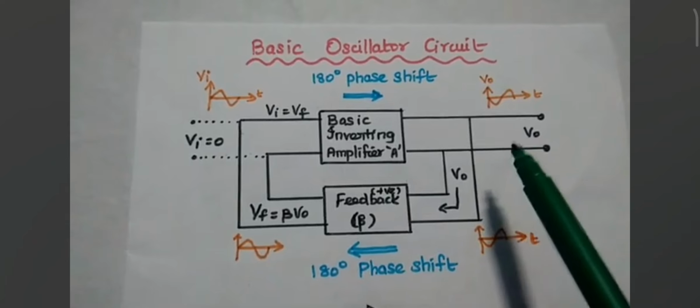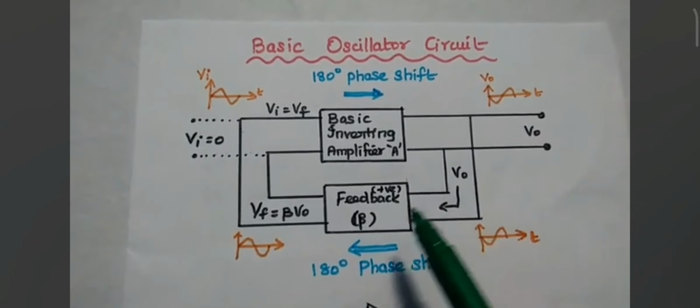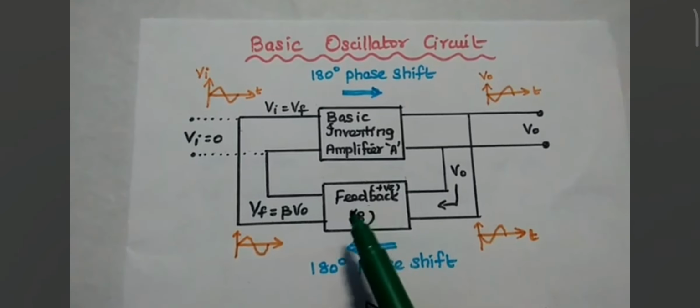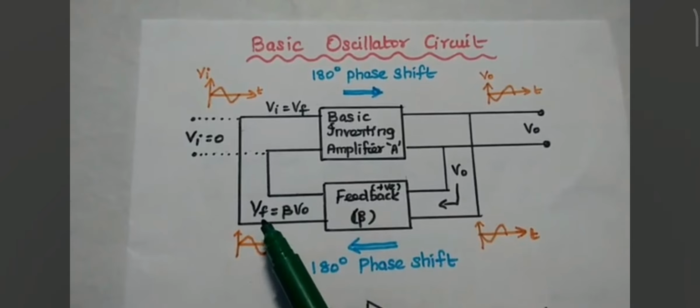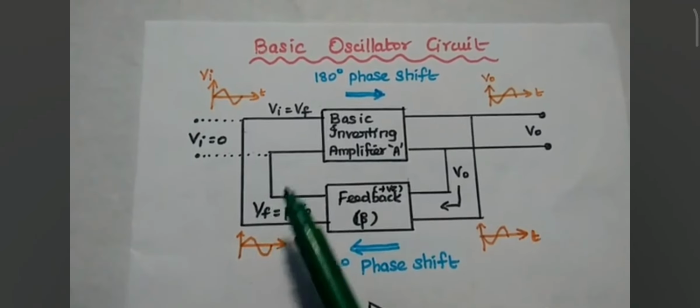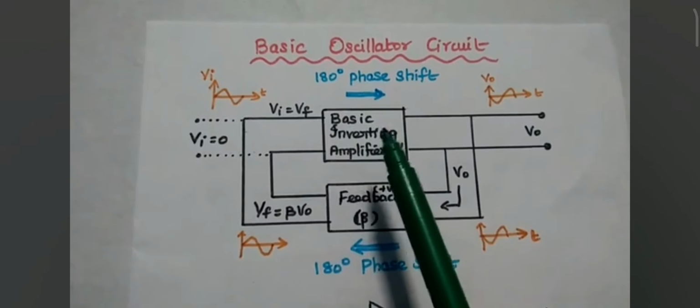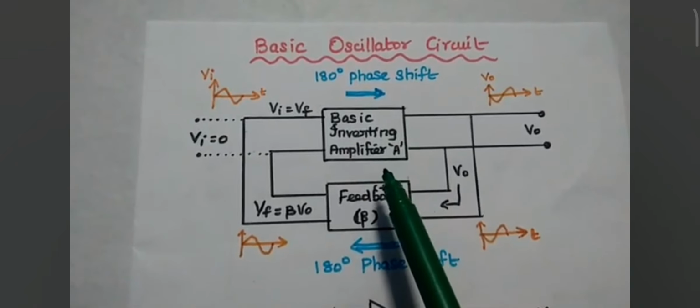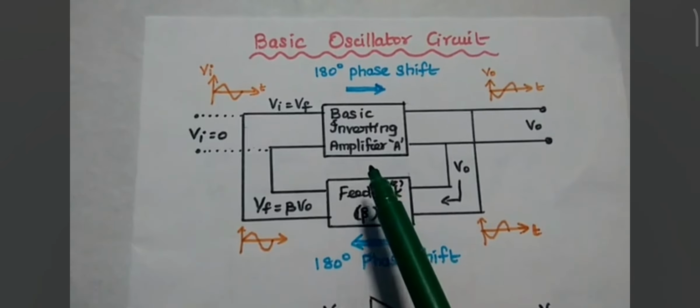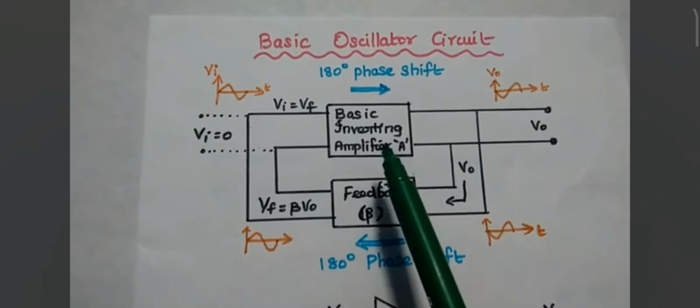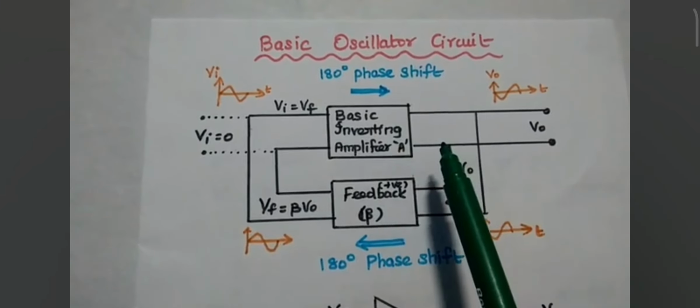This output signal is given as input to the feedback. Then we get the feedback signal Vf, which is given as an input to the basic inverting amplifier. Do you all understand this concept? So the feedback signal drives the amplifier circuit.